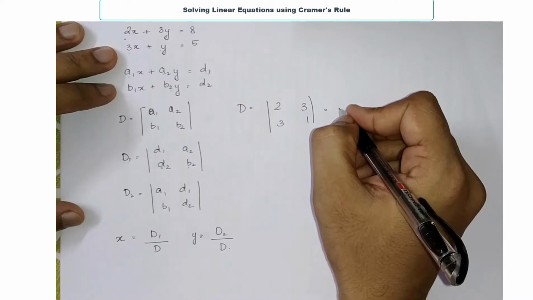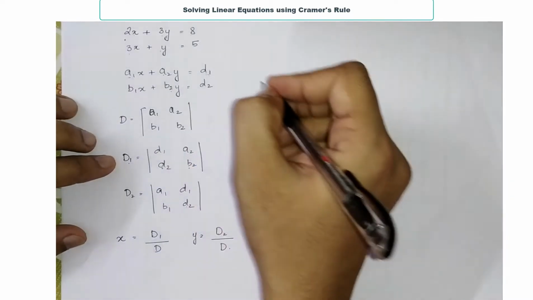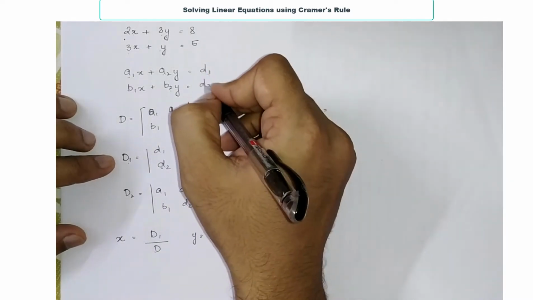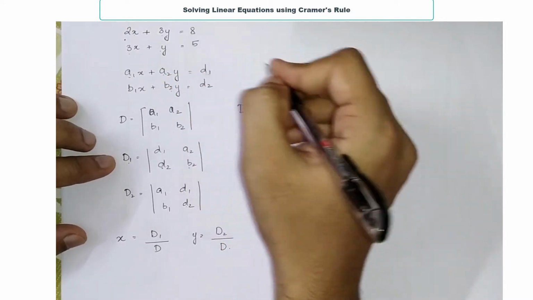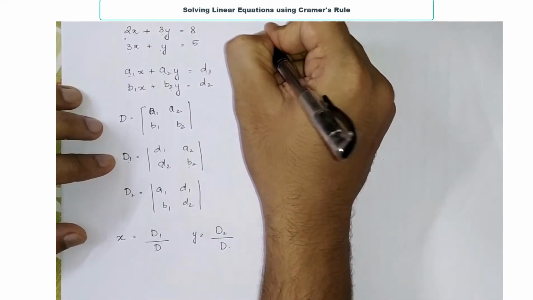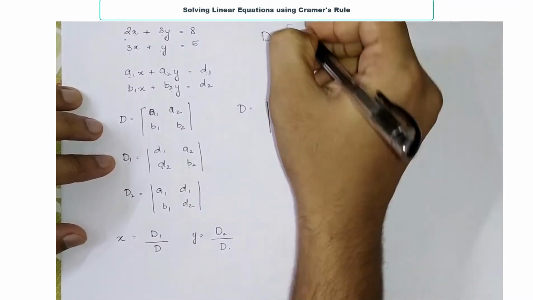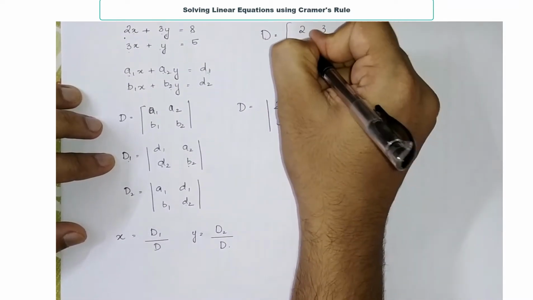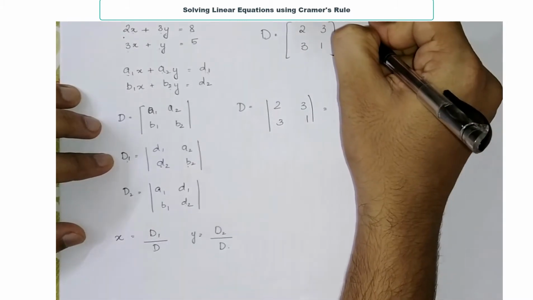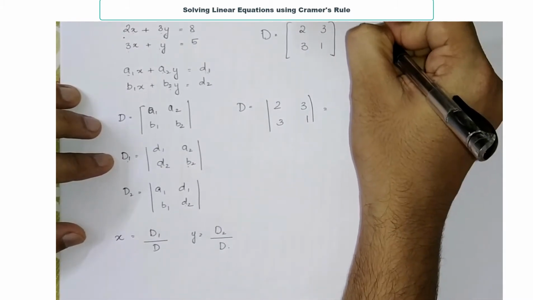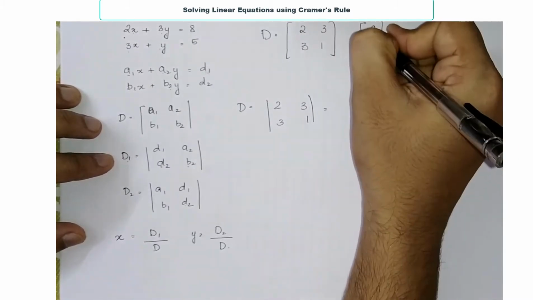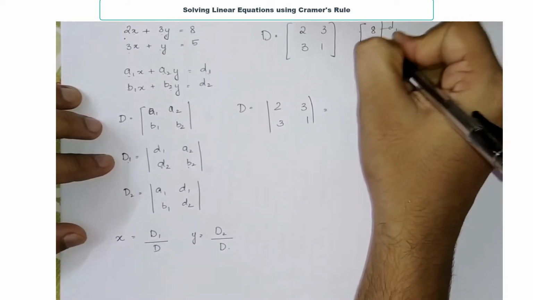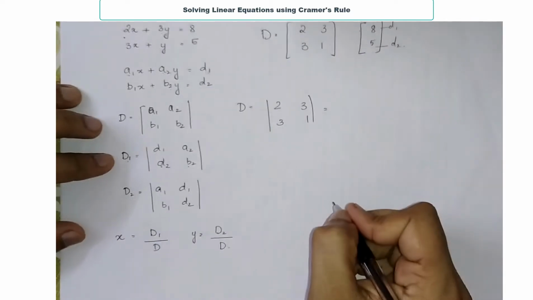And what are d1 and d2? They are 8 and 5. So D is the matrix 2, 3, 3, 1, and there is another column here, 8 and 5, which are denoted as d1 and d2.